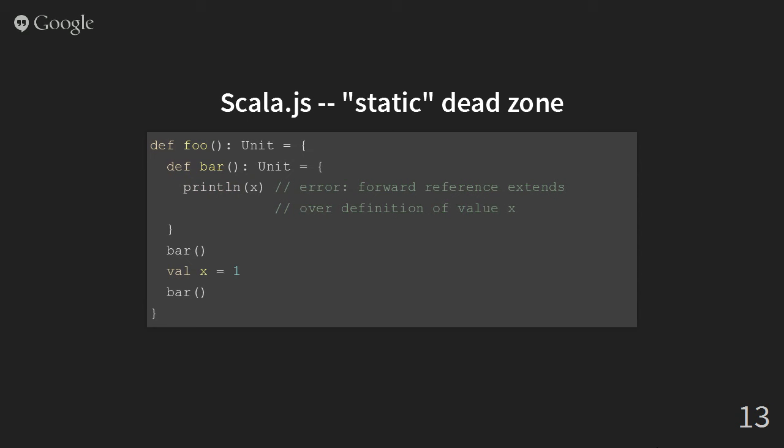So in Scala.js, you have sort of the equivalent, but it's a static dead zone, in the sense that it's lexically defined. If you try to write this code, which is basically the equivalent within Scala.js, you receive a compile error again. You cannot even try to access X before it was declared lexically. If you want to fix this error here, you have to move the definition of var below the val X declaration.